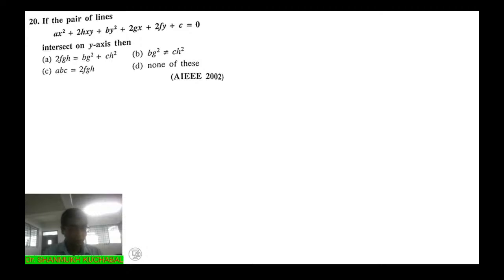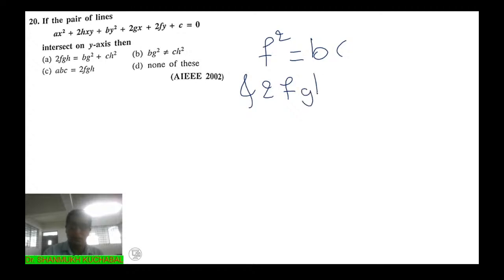The condition for the pair of lines to intersect on the y-axis is given by the formula f square equal to bc, and one more equation we have, 2fgh is equal to bg square plus ch square.